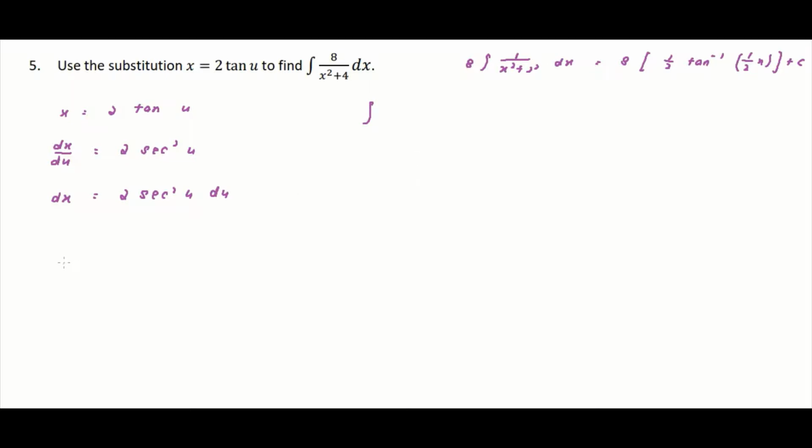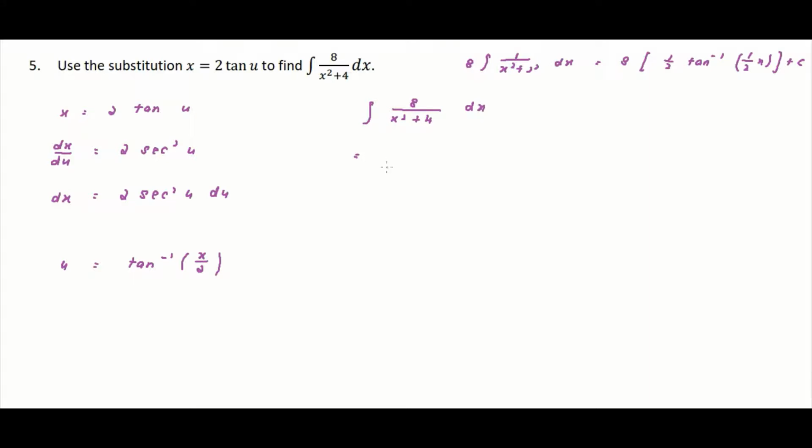So that's why it will be helpful to write down first that u will be equal to tan inverse of x over 2. This is another way I can say you can continue, so du dx, then you substitute here instead of doing sec. So 8 over x squared plus 4 dx.